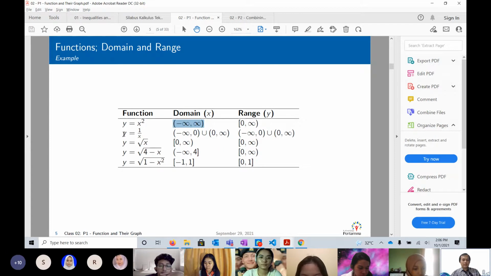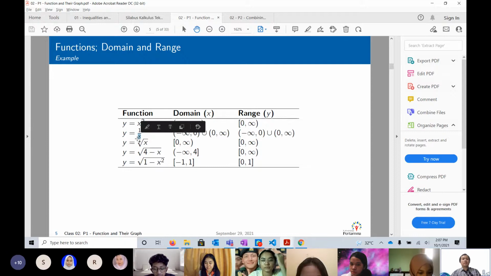But what happens if we have a different function, y equals 1 over x? 1 over x is defined if the denominator is not equal to 0. So as long as x is not equal to 0, the function y equals 1 over x is well defined.